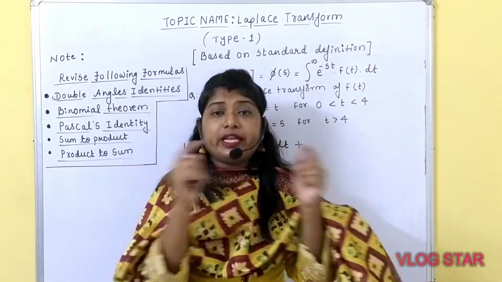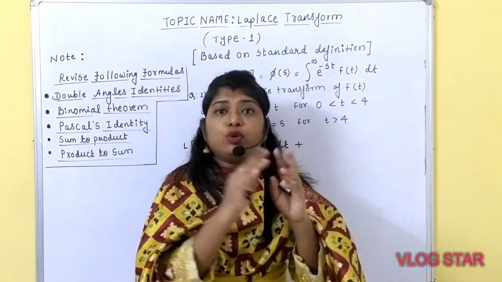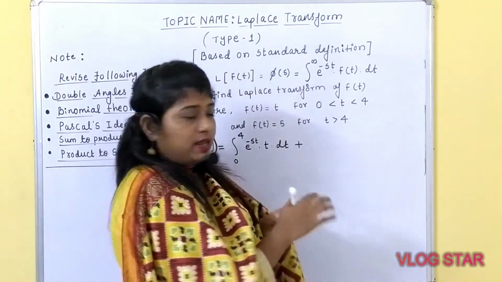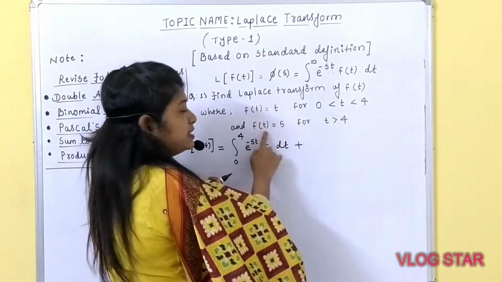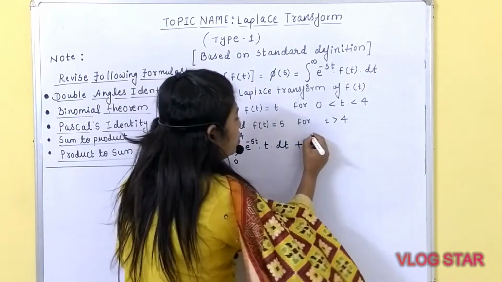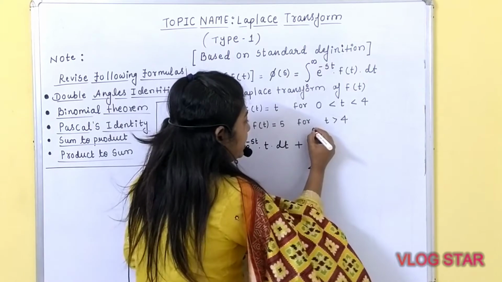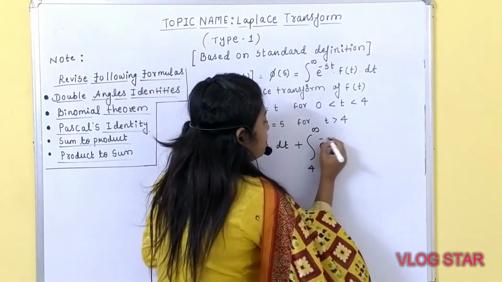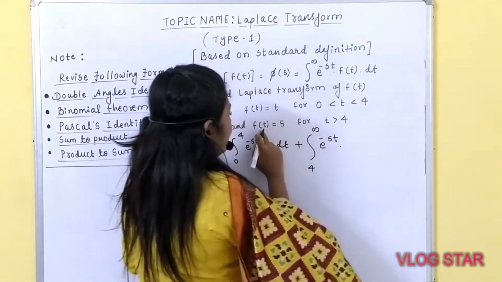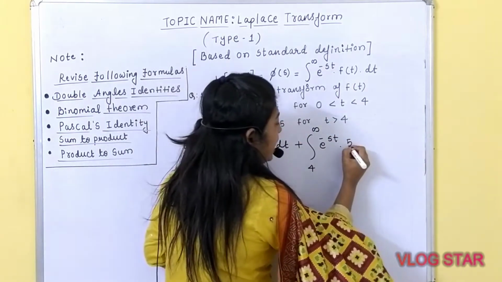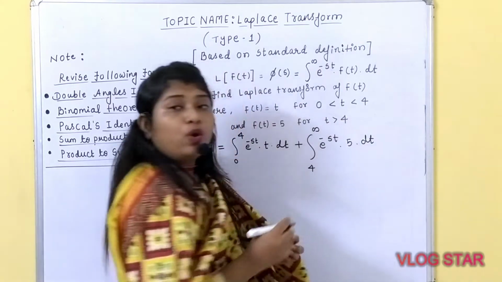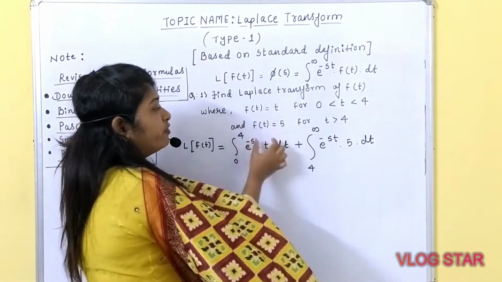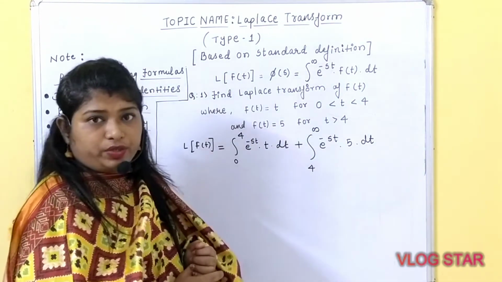The 0 to infinity interval is divided into two parts because we have two different functions with us. f1 of t, let's consider this is f2 of t. So you have to club them. The second interval would be from 4 to infinity e raised to minus st. What is the value of f of t given? Phi into dt. I hope you have understood how to substitute the f of t value in the definition.